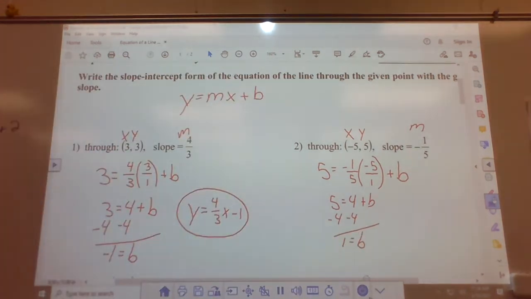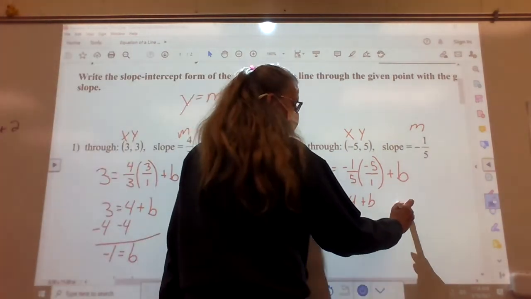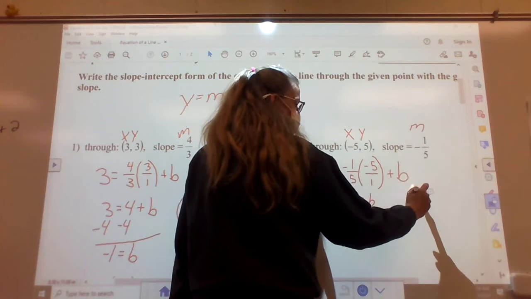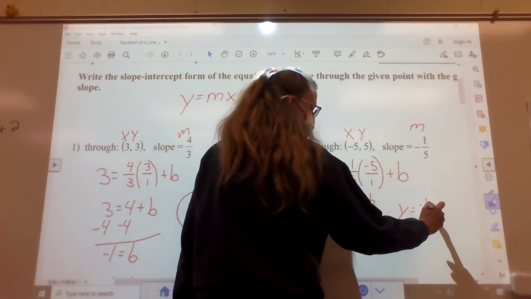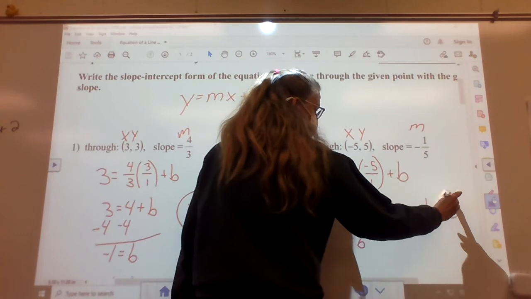Now, like I said, I'm not quite done because my final answer says write the slope-intercept form of the equation. So now I can write y equals mx plus b, where I have the slope and I have the intercept. So y equals -1/5 x plus 1. That's my final answer.